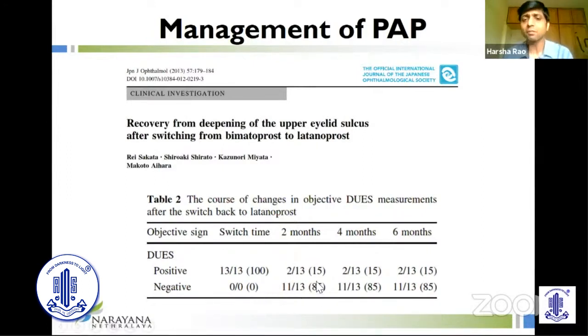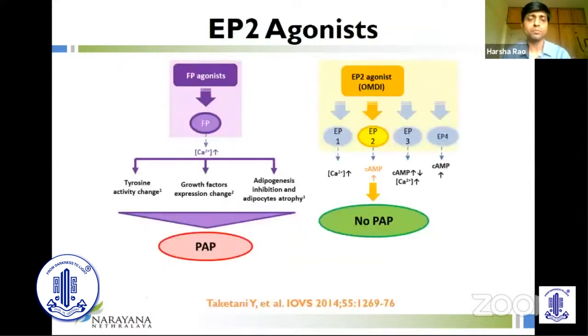So this is negative PAP after shifting the patients from bimatoprost to latanoprost. So a significant percentage of patients, when they are shifted from either bimatoprost or travoprost to latanoprost, show improvement in their signs of PAP.